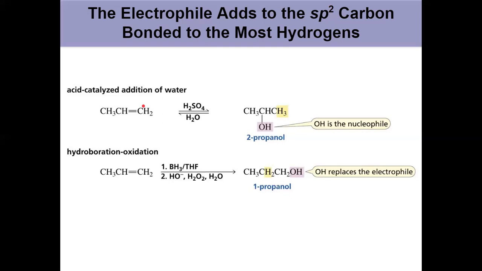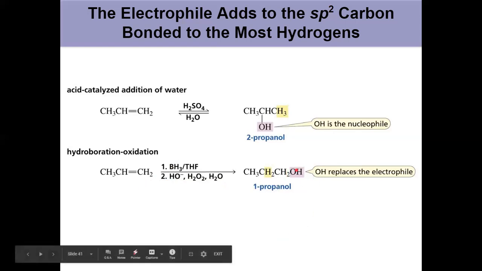But then when the first reaction is over, notice that we've got reaction 2 here. It's an aqueous solution of sodium hydroxide and hydrogen peroxide. That oxidation step causes OH here to take the place of boron, and that's how we get our alcohol as the product.